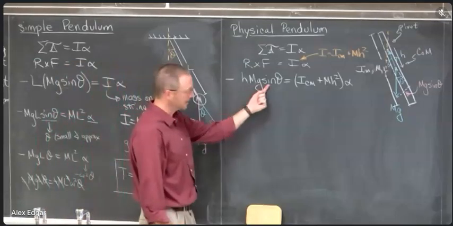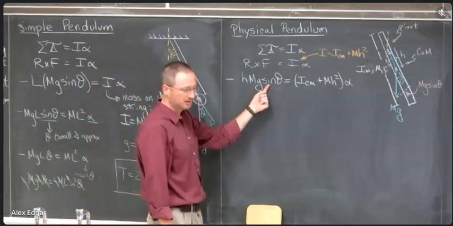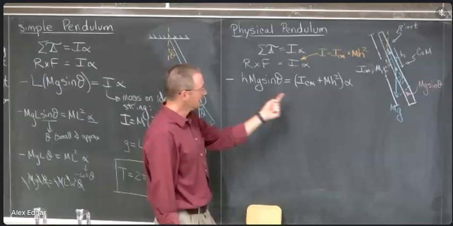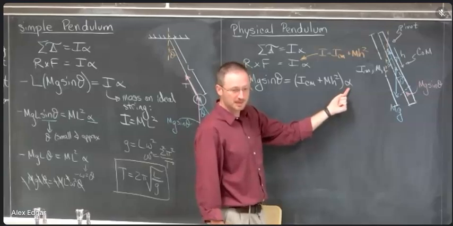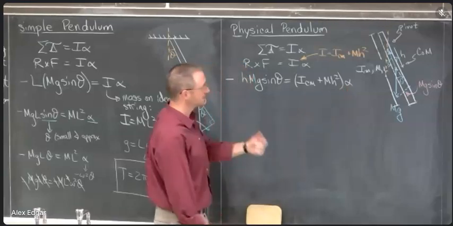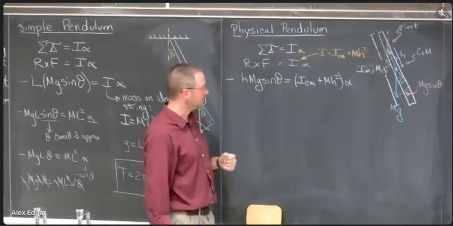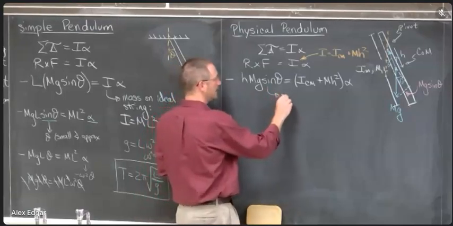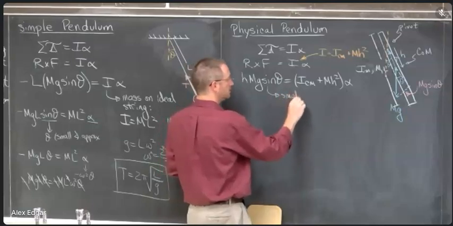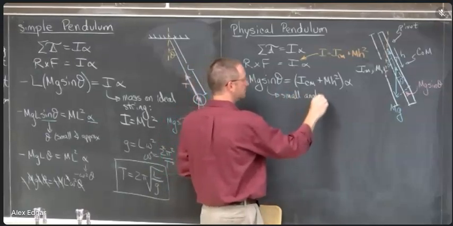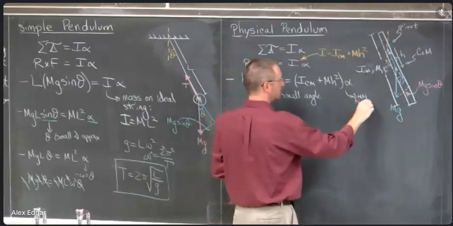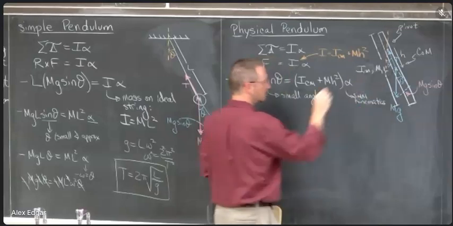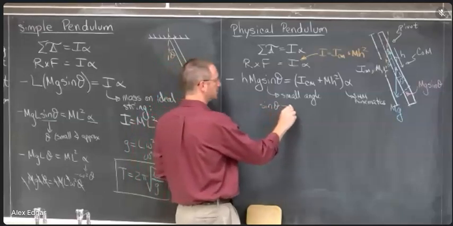We will use the small angle approximation here to get rid of the sine, and we will use the relationship between alpha and theta in simple harmonic motion for kinematics as we did last time. So I will skip those derivations. They're in the previous video, and we will simply say small angle and SHM kinematics to allow us to make these substitutions.